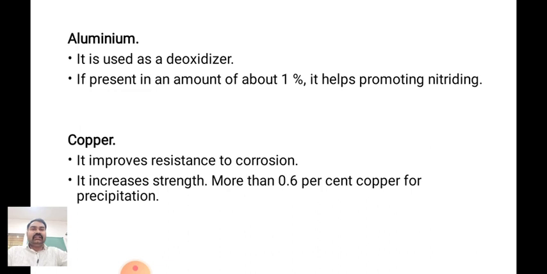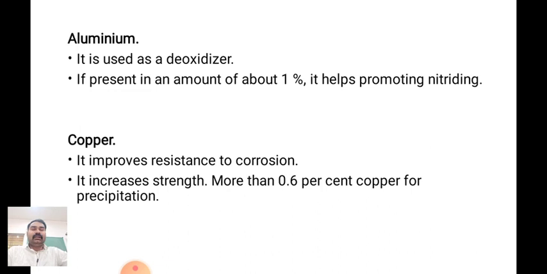We know that it increases strength, with more than 0.6% copper from precipitation. Now we know that copper is a good conductor of electricity, that's why it is used in electrical wires. And wire drawing is possible because copper is highly ductile and malleable.